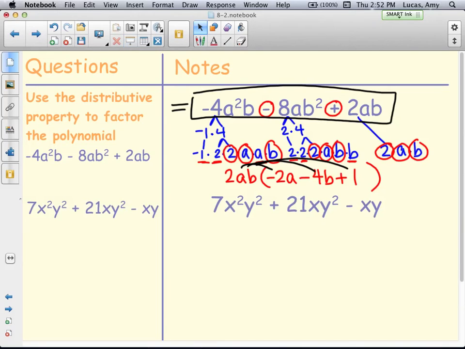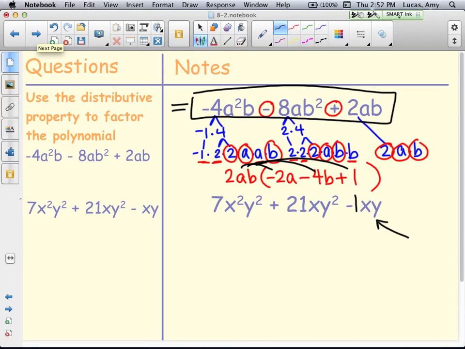So if you've removed all of the factors with your GCF, make sure you put in a 1 to hold that place. Okay, so the last one, I'm going to assume that we can go without the factor tree on this one. So the coefficient numbers are 7, 21, and -1. They do not have a factor in common. So the only thing I'm going to be able to do is take out variables that they have in common. This last term has one x and one y.